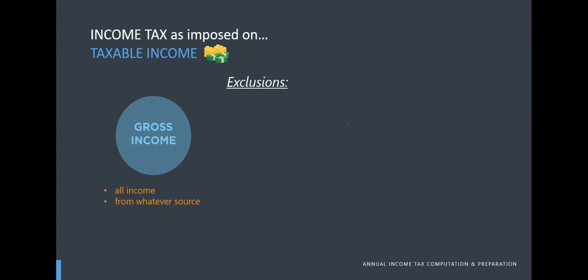Now, what are the exclusions? Number one is life insurance. Except if there is an interest income earned, any interest income earned from the life insurance is included as part of the gross income or part of the taxable income.